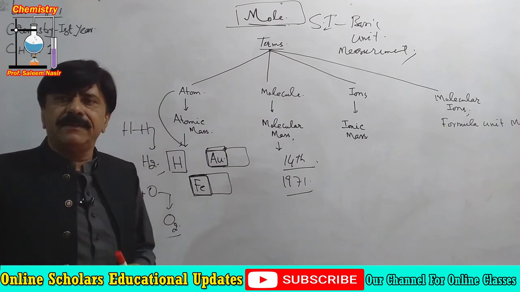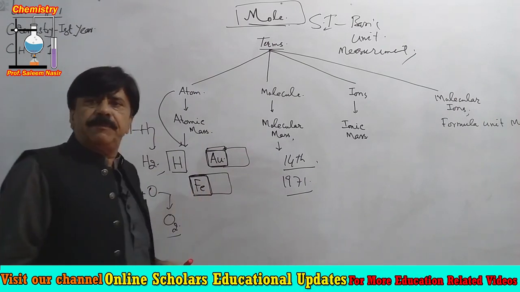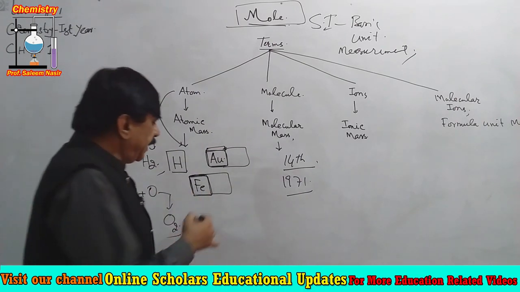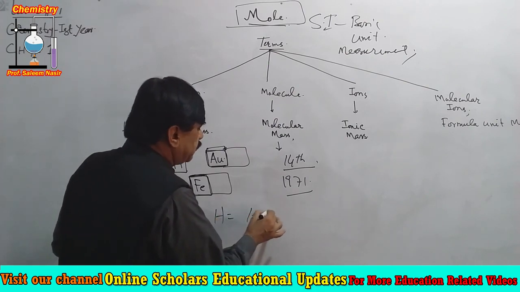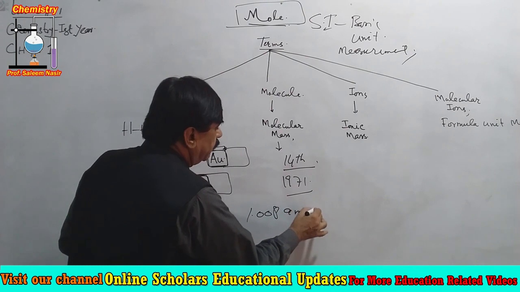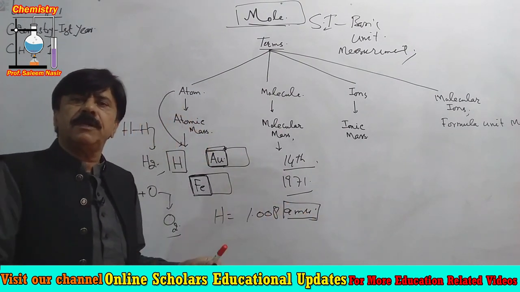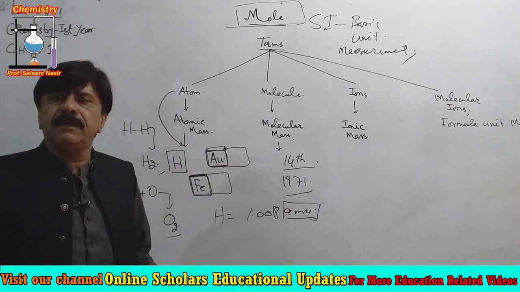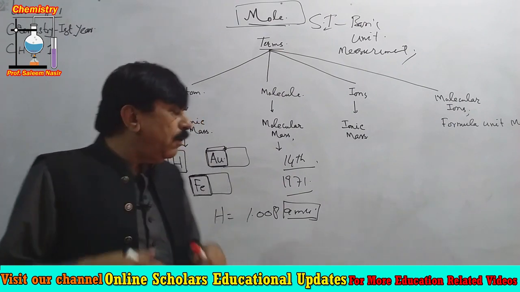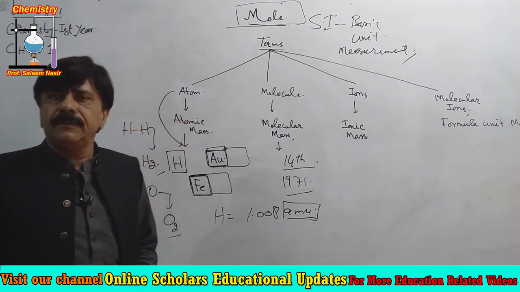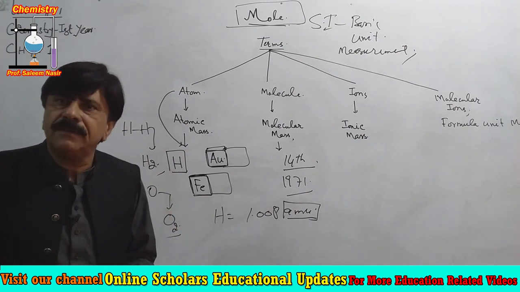So we can say that when we take the relative atomic mass, the relative atomic mass of hydrogen is 1.008 AMU, atomic mass unit. Now that atomic mass unit cannot explain our requirement of how many atoms are there, whether one atom or a cluster of atoms.